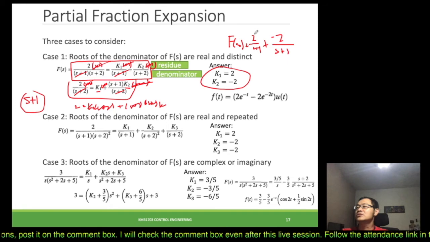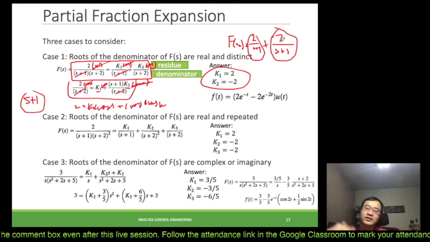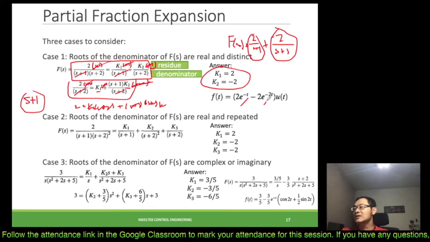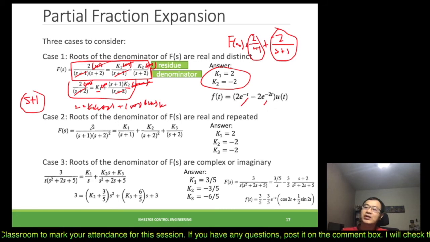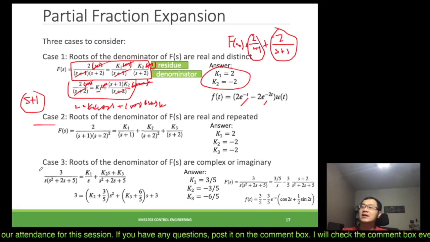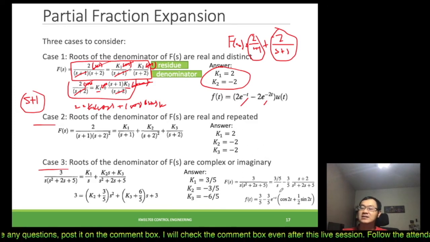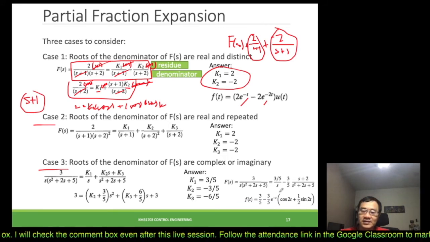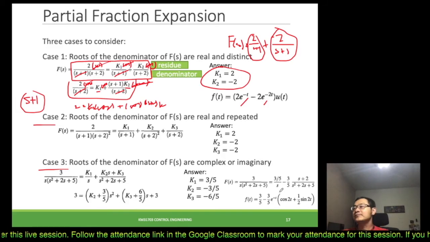So this is one term, this is another term, and we just have to refer back to the previous table and we would get our inverse functions, right? So you can try for case number 2 and case number 3. You should be able to get this answer, right? So make sure you get this answer, then later on it will be useful for you.